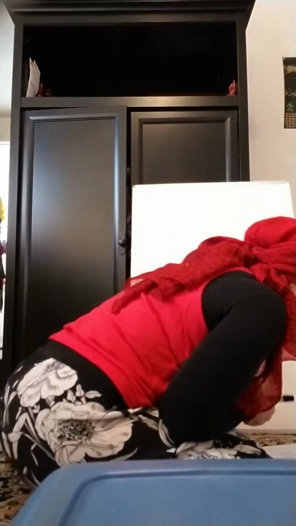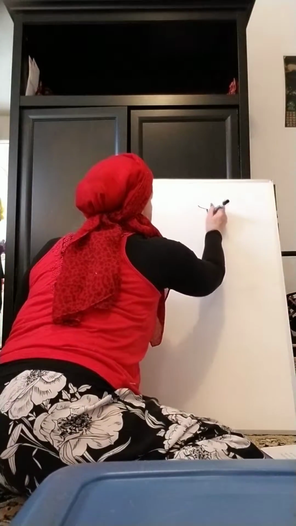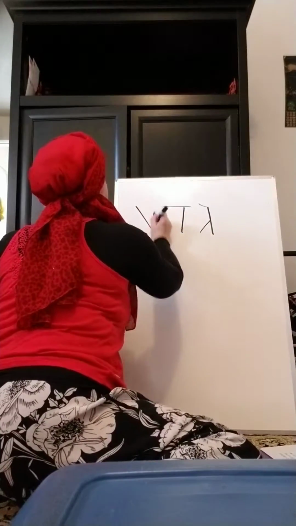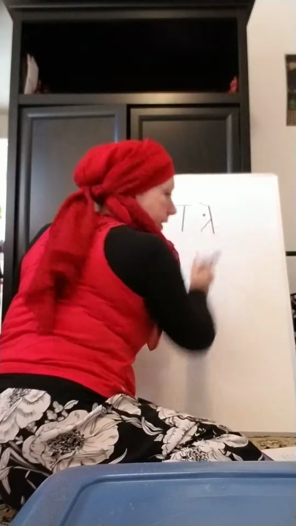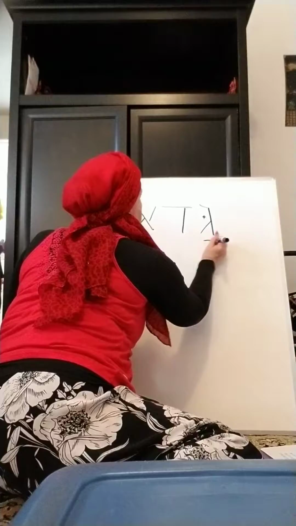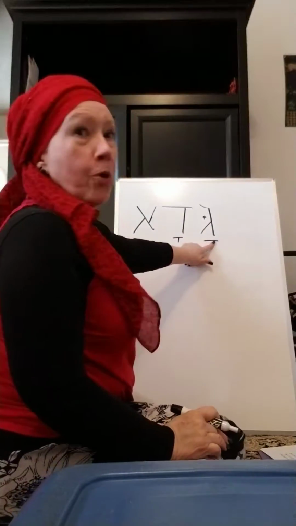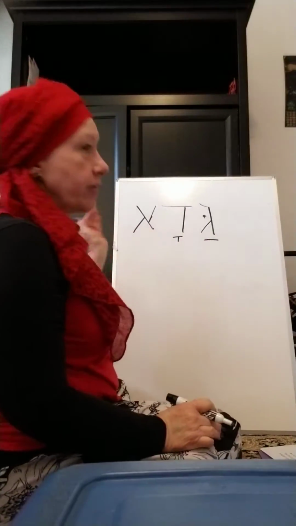And let's see, how is that marked? And I know that Gimel has a dagesh in it. What are the vowel markings? Okay. So both of these letters have symbols under them that have a line.